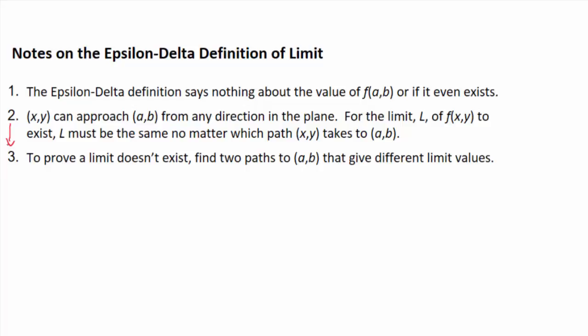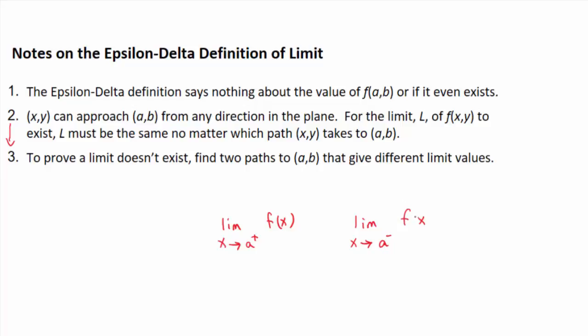Remember, think back to Calculus 1. If the left-hand limit didn't match the right-hand limit, the notation you used was the limit as x approaches A, superscript positive, right? This would be the right-hand limit, from the positive direction. And then this would be the left-hand limit. x approaches A from the negative direction.